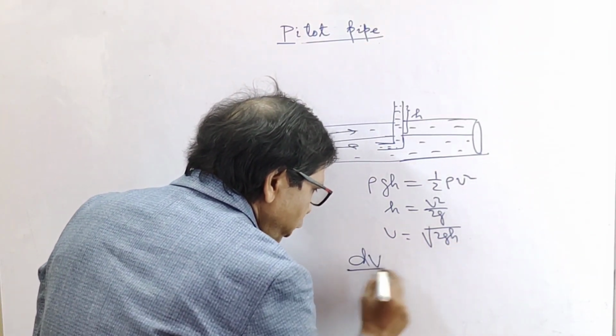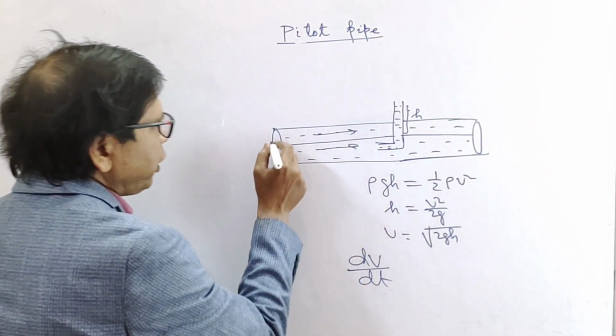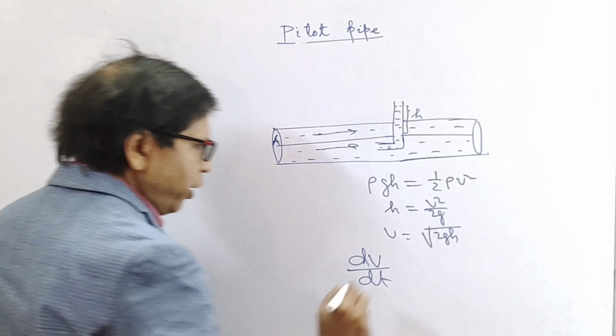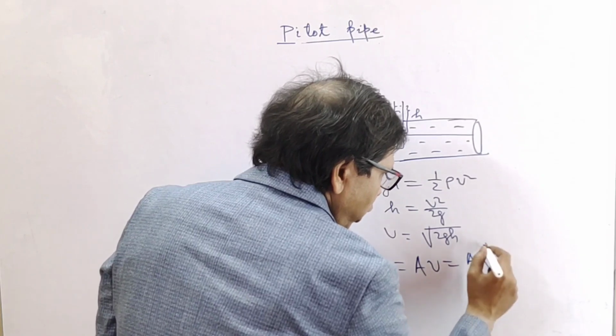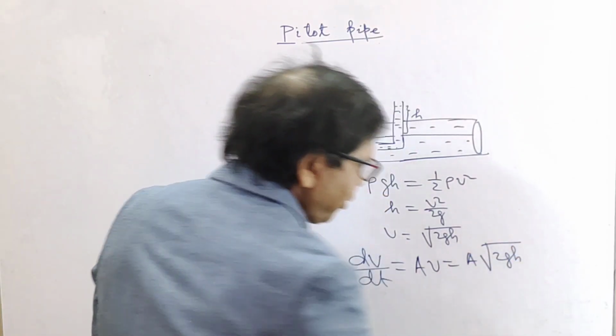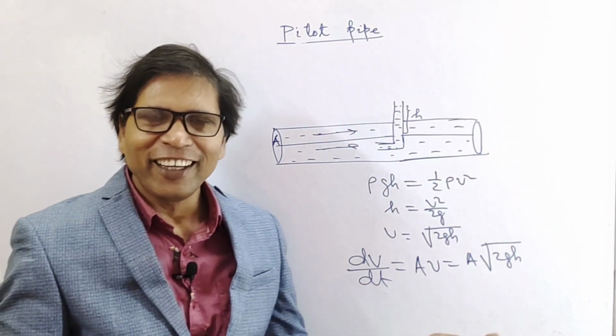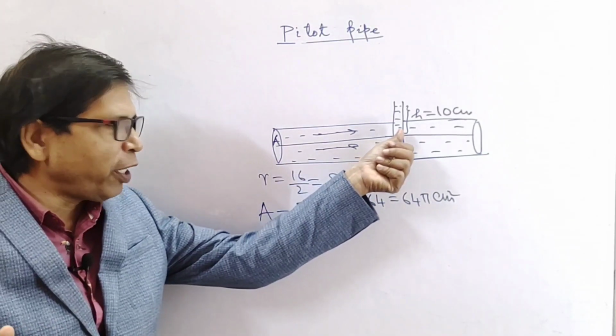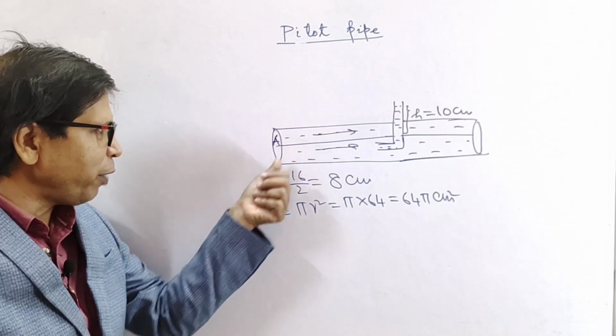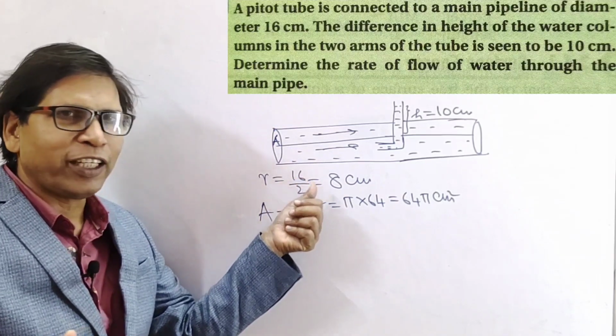Therefore rate of flow dV by dt, suppose this is the area of cross section capital A, so this is A into v, so A into root under of 2gh. Okay, understood? Now a numerical based on this. Now a pitot pipe is used in a main pipe of diameter 16 centimeter.